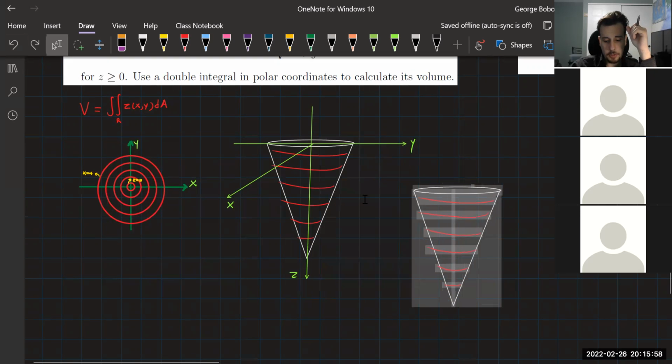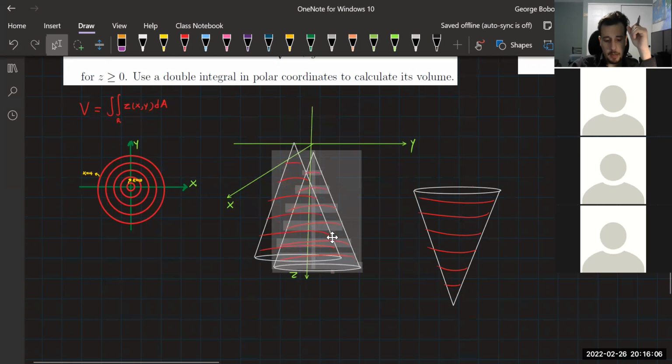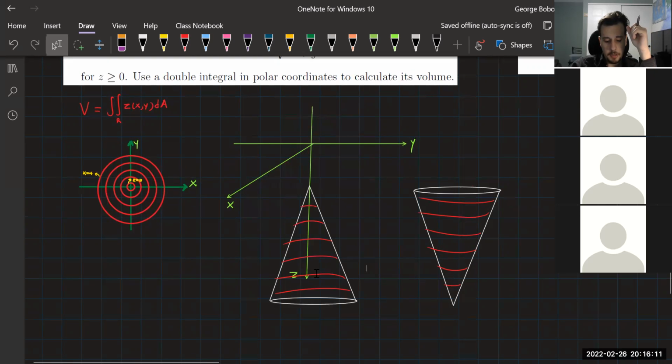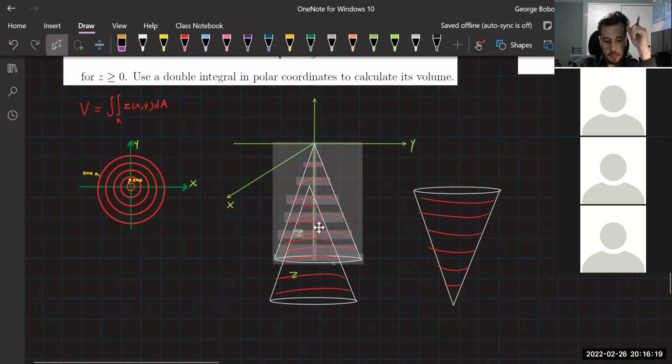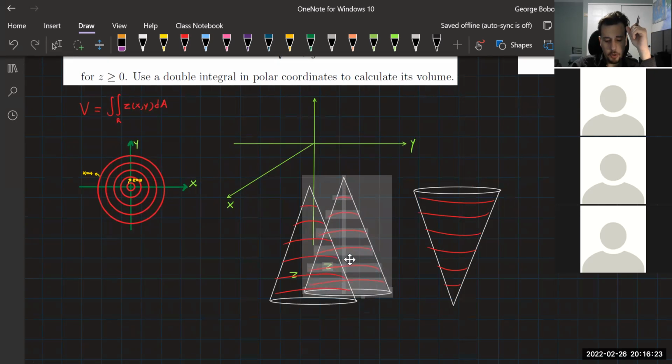So let me just do that. Flip vertically, sorry. And I'm going to put this here because it's an inverted cone. Also I made it a little messed up here. That's all right. So let's put our XY plane.